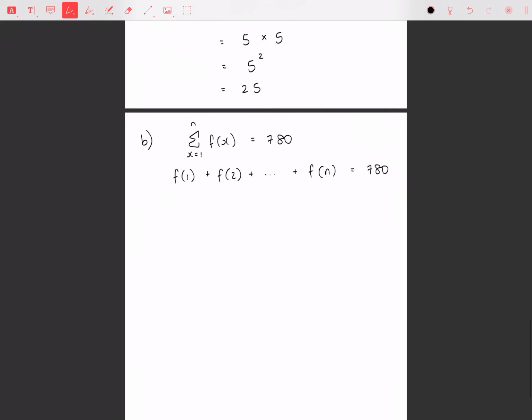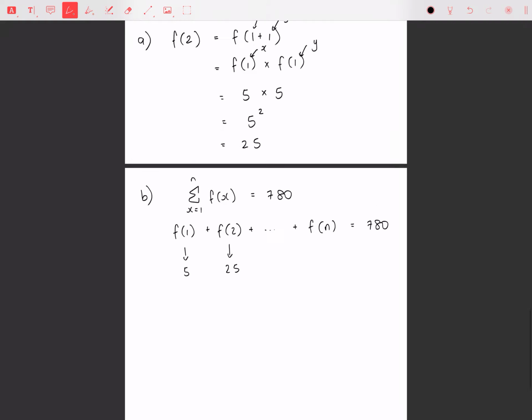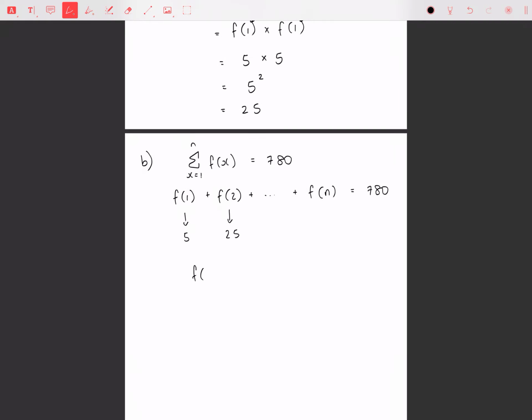So that's how you rewrite the sigma notation in long form. And we saw that f of 1 is 5, and f of 2 is 25. And as you would expect, f of 3 would be 5 times 5 times 5, so 5 times 25, that's 125, yes, definitely.